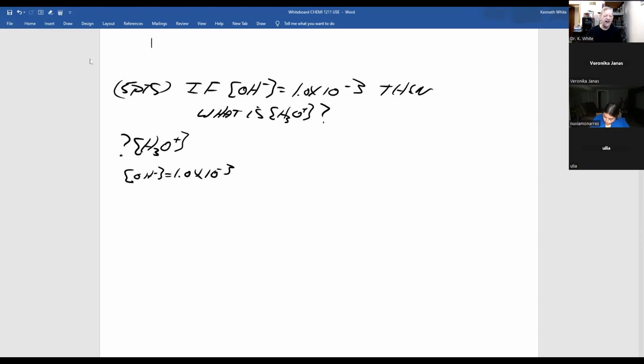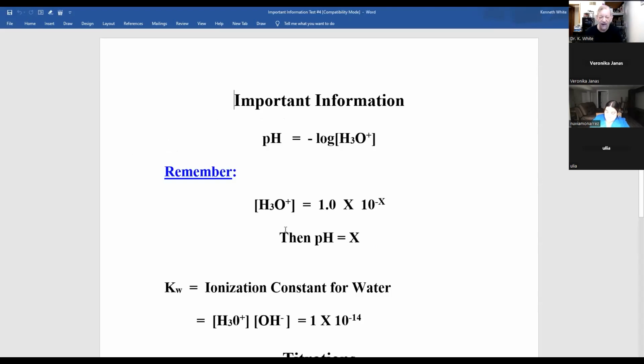As soon as you see concentration of OH minus and H3O plus, one of the things you should think of is the ionization constant of water. Hold on while I open it up. Important information, test number 4.